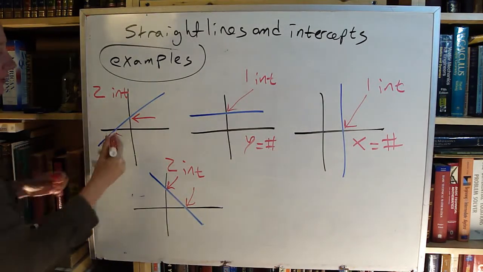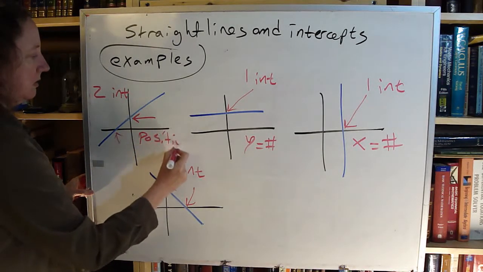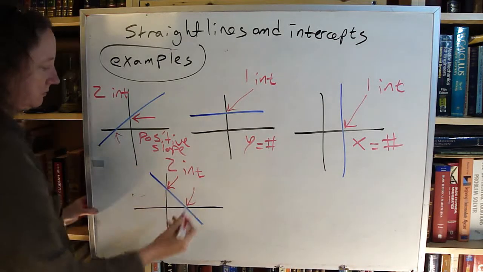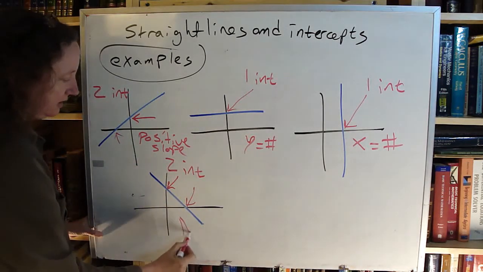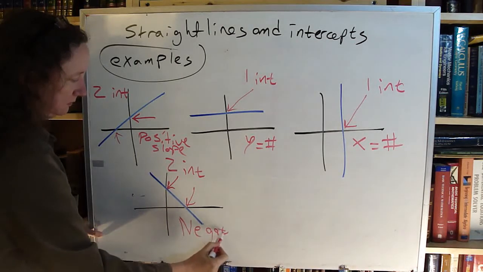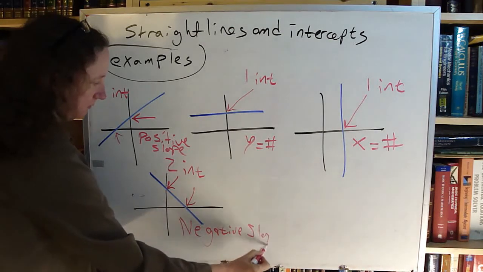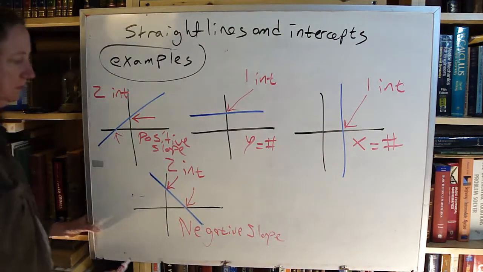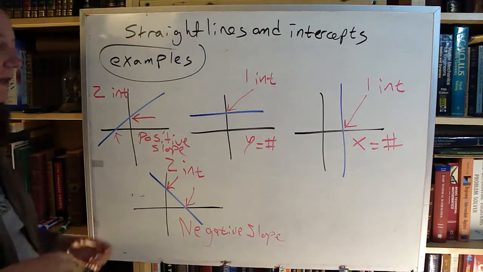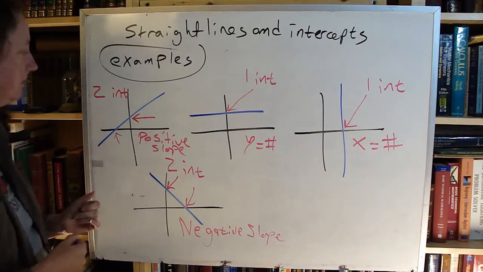This is a positive slope. And this down here is a negative slope. These are some of the things that you need to learn so that you can just recognize them right off.